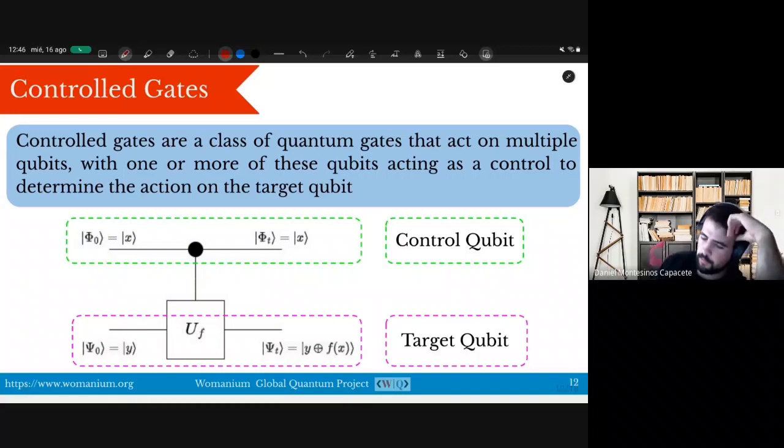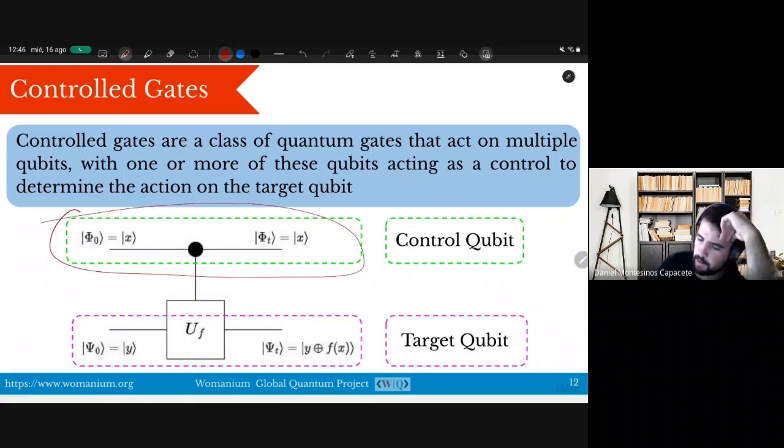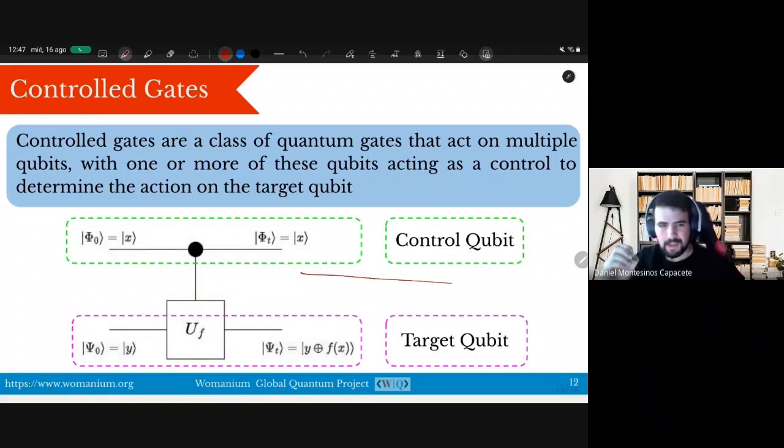One qubit is going to be the control qubit, as you can see here, and the other qubit is going to be the target qubit. Don't think that much about this symbol. I will explain this symbol later.